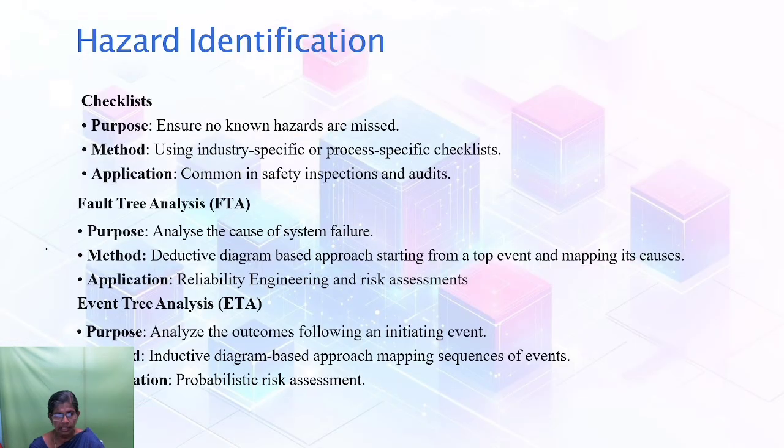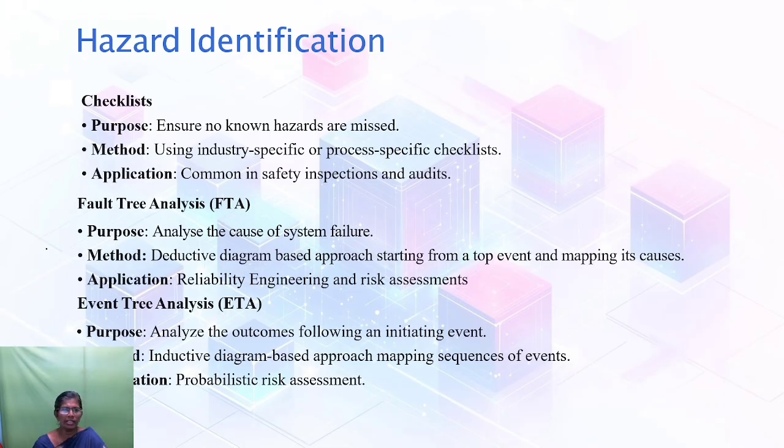The next method is checklist method. Here we are preparing a checklist of all the known hazards without missing any one of the hazards. In this method, it is an industry specific or process specific checklist. This is finding application in safety inspections and audits.